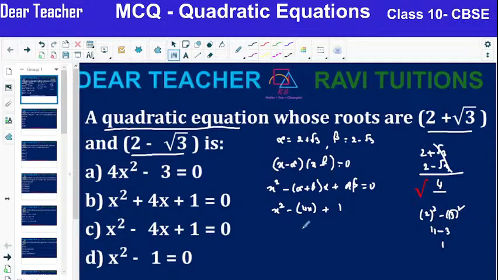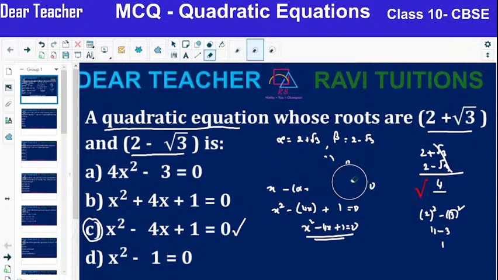So this is 1, is equal to 0. So x square minus 4x plus 1 is equal to 0. So which is the answer? C is the correct answer. Got it? Another method is also there.